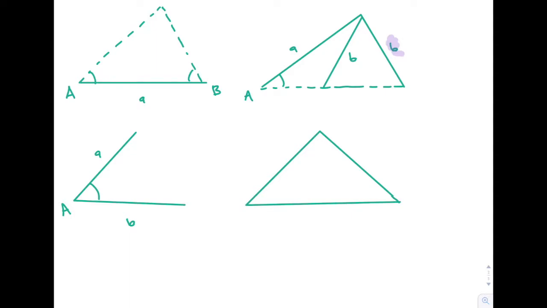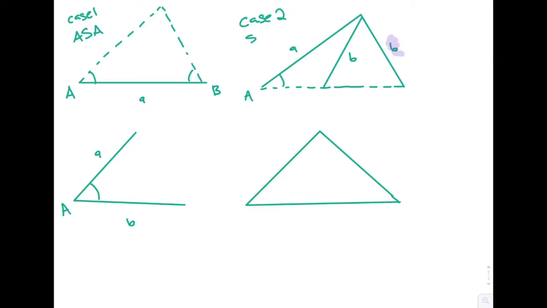In particular, the first case here, we'll call this case 1, typically called angle, side, angle, because we have an angle, an included side in between two angles. Case 2, we have two sides, one of the sides being opposite an angle that we're given.